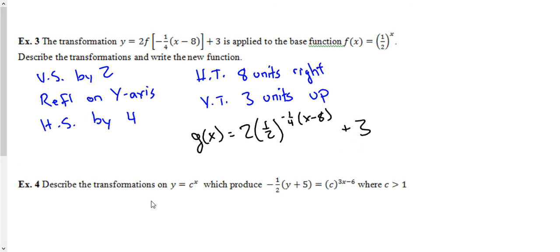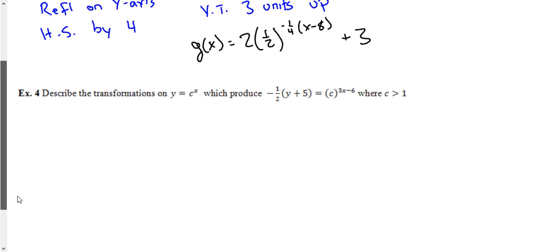We are done. In example 4 here, it says describe the transformations to go from y equals c of x to produce this function here, where c has to be greater than 1, by the way. The very first thing I'm going to do is rewrite this equation. It's kind of messy, so I need to isolate for y. I multiply both sides by negative 2 to cancel that negative 1/2 out.